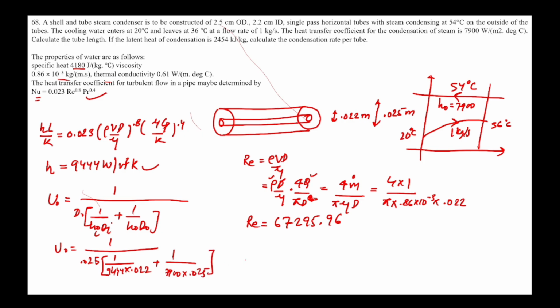After calculating this, you will get U naught equal to 4050 watt per meter square Kelvin.